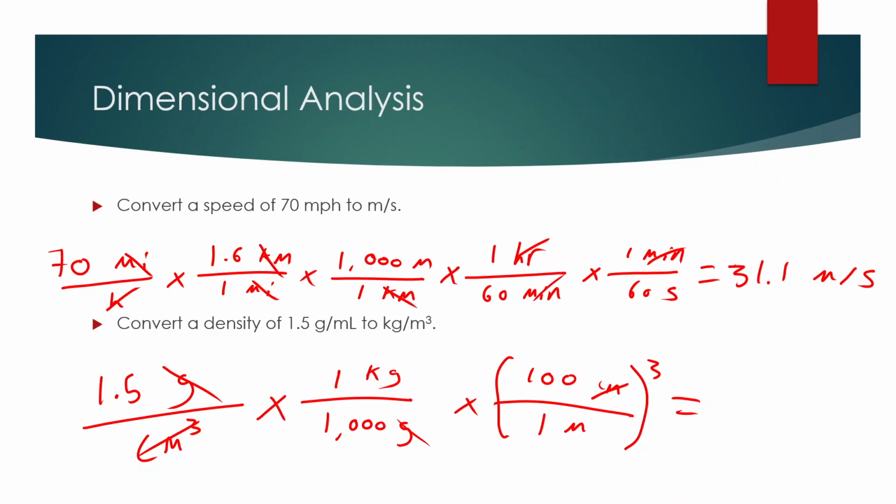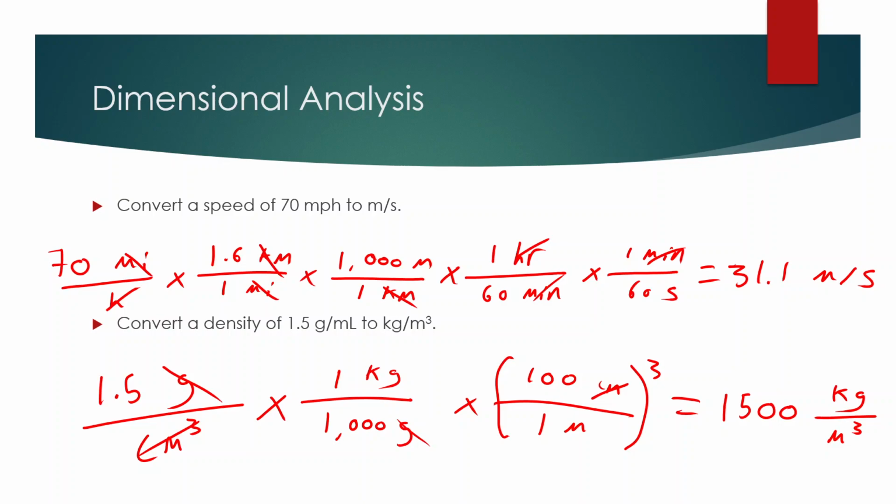So if I do that, don't need a calculator to do that, I should get 1,500, right? 100 cubed divided by 1,000. So 1,500 kilograms per cubic meter.